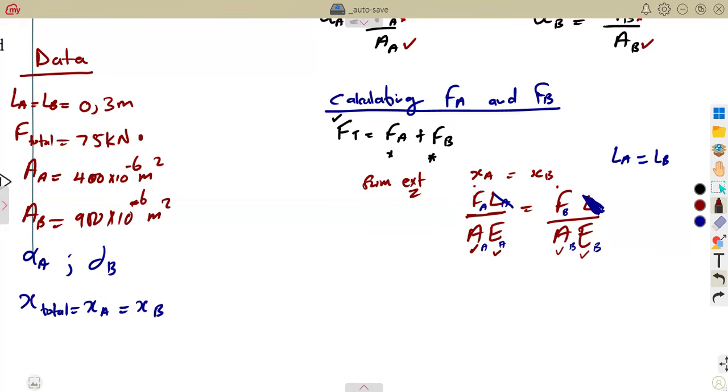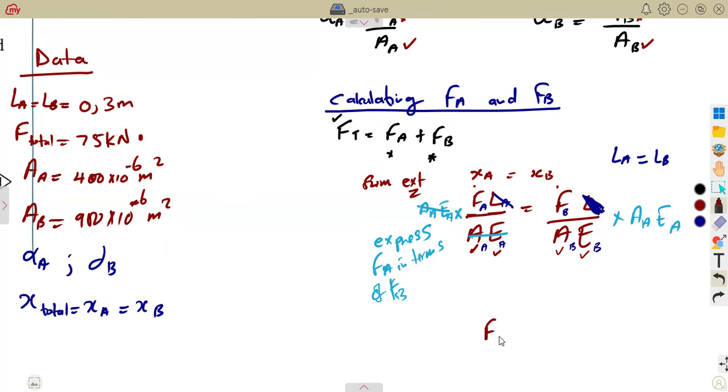In this case, I'm going to express FA in terms of FB, it's going to be easier that way. I just have to multiply by the area at A and the Young's modulus at A, so that these two can cancel.